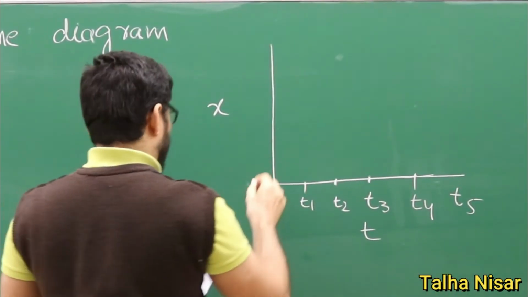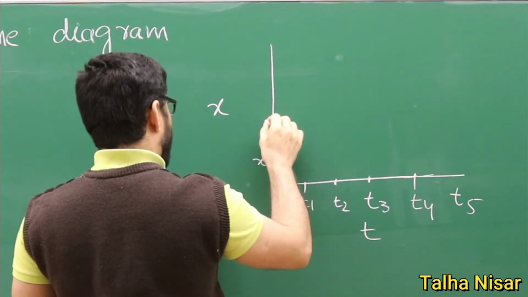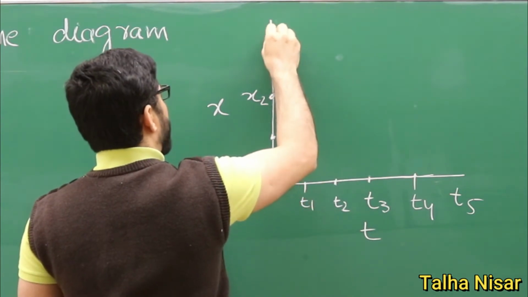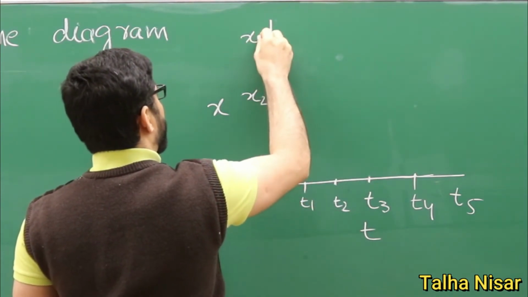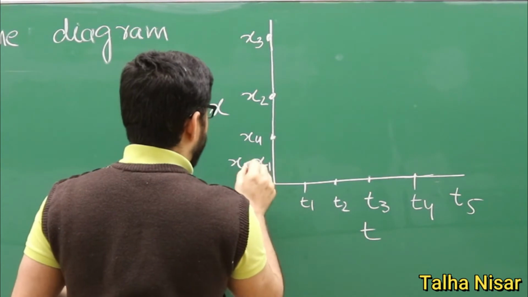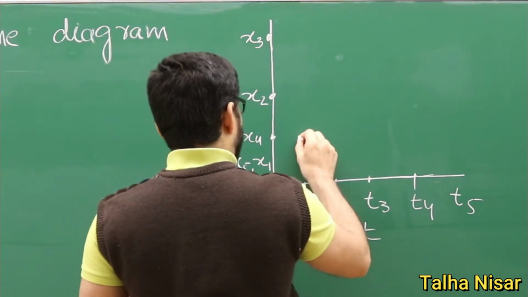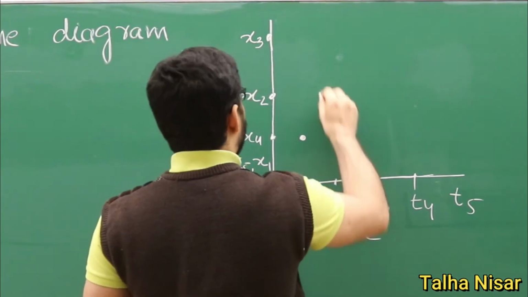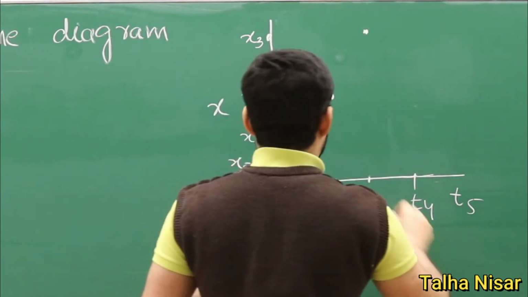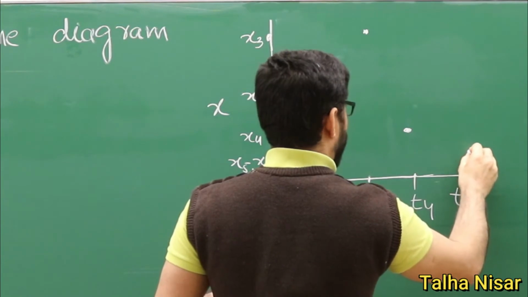Similarly, on the y-axis we have x1, x2, x3, and x4, as we saw in the previous example. x1 is here, x2 is here, x3 is here, x4 is here, and x5 is again here.